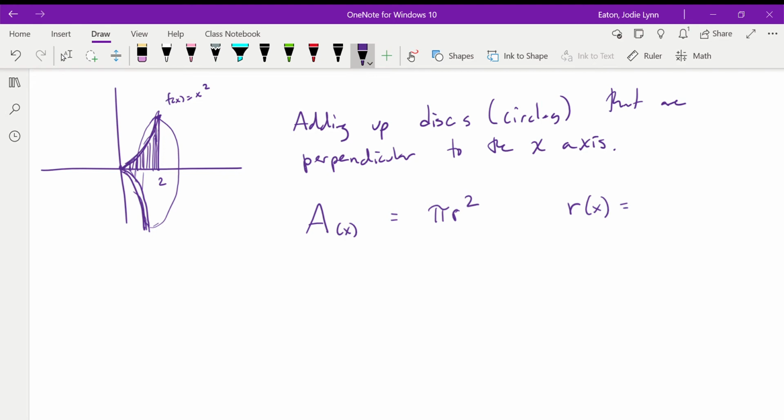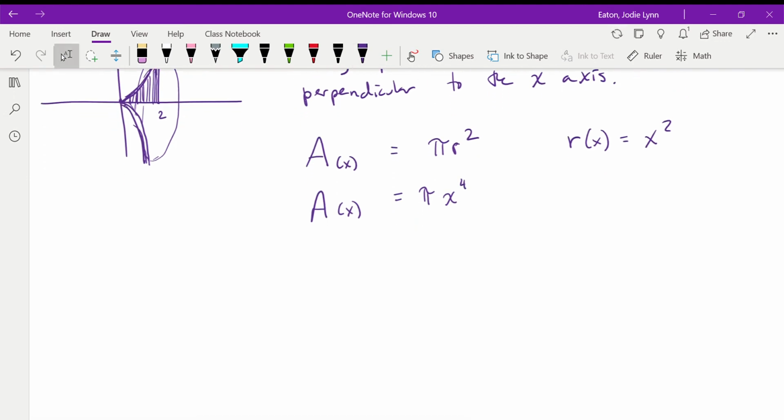So r of x is just going to be x squared, because the distance there is going to be x squared for all x's between 0 and 2. And then we're forming circles with that radius. So our area A of x is going to be pi times our radius, which is x squared, which is just pi times x to the 4th.